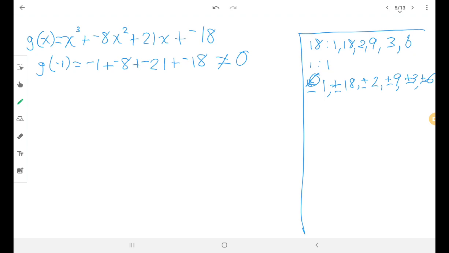When you get into tougher territory like this, what you can do is graph it using technology. Okay, and let me graph it for you, and I'll show you what that graph looks like. I'm going to use Desmos, the Desmos graphing calculator, to do this.